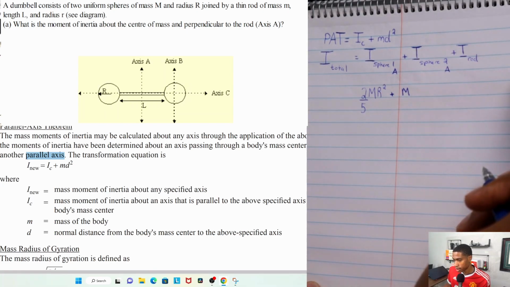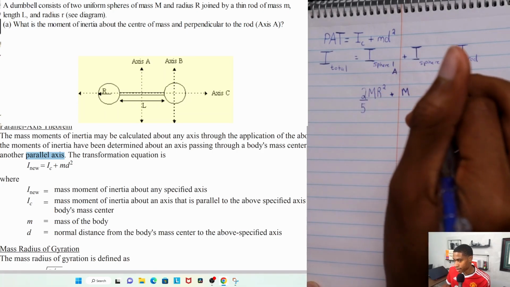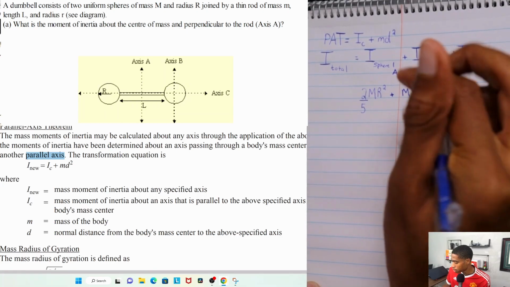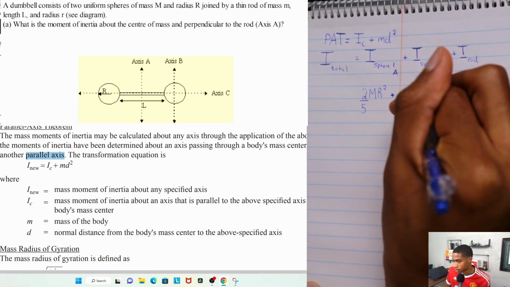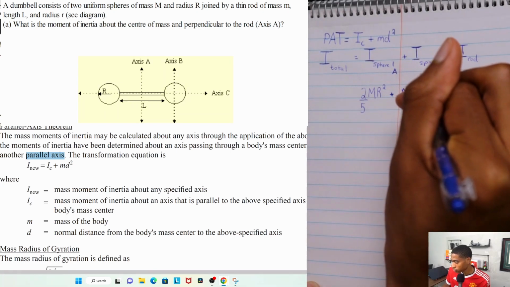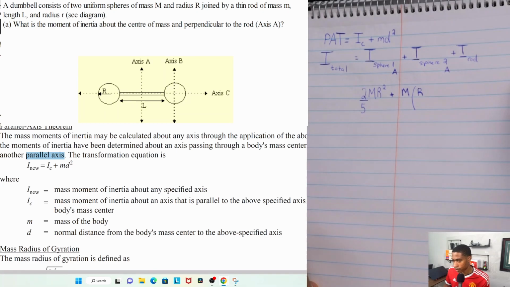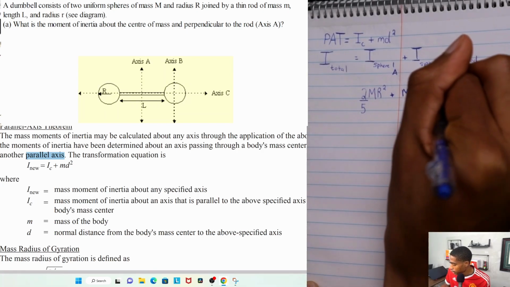Okay, what is D? All right, so it's the center of our sphere to the axis A. So we're going to go from the center of our sphere and we're going to say R. We have R and L that we can use as kind of our points. R is just the radius. Okay, so we've reached now the center of our sphere to the end of our sphere. And then we have a little more ways to go to get to our axis A. So then I'm going to add the length.